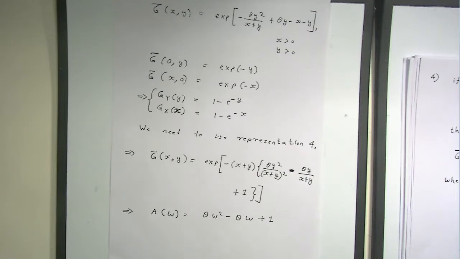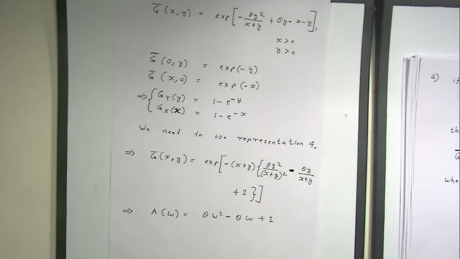Do you see what I've done? Because we need to express G bar in this form, you need to pull out x plus y, right? That's what I did over here. If you pull this out, inside the curly bracket you have this term and this term. What is inside the curly brackets must be capital A of y divided by x plus y, which is this function.